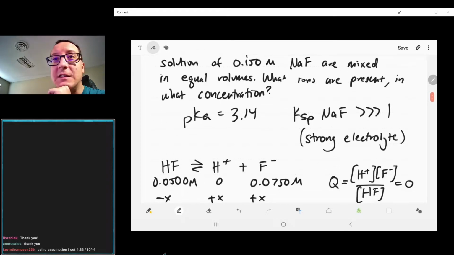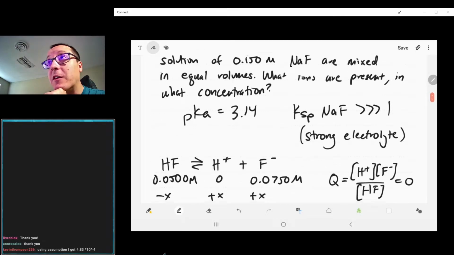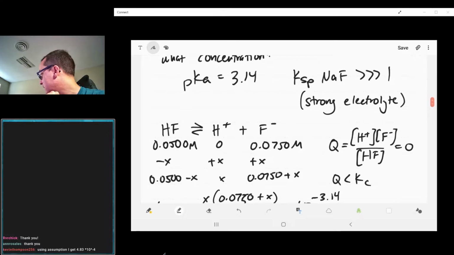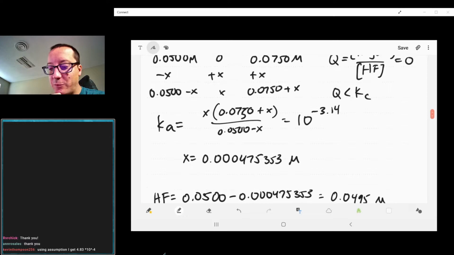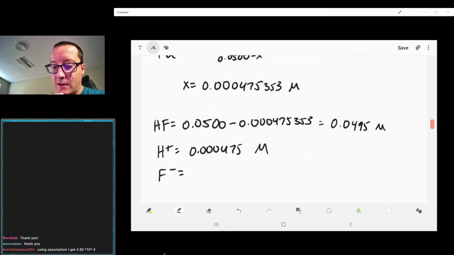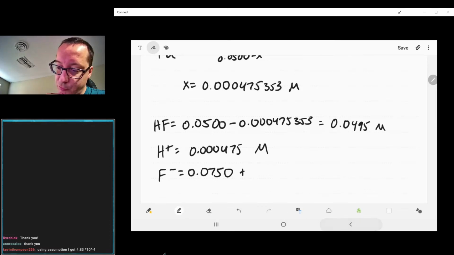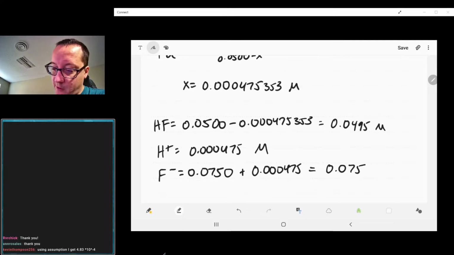Whoops. So we should have done double the concentration of F minus because there's two F minus. There's two F minuses for the magnesium one, but we'll just pretend that we didn't see that. So let's go ahead and do the other one. 475, which will equal 0.0755 molar with proper sig figs. So this would be our answer here.